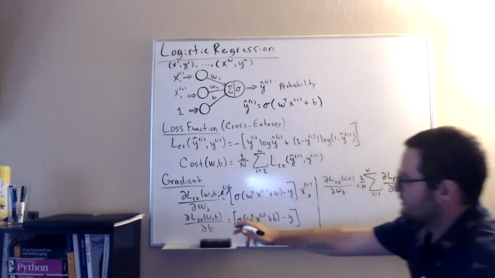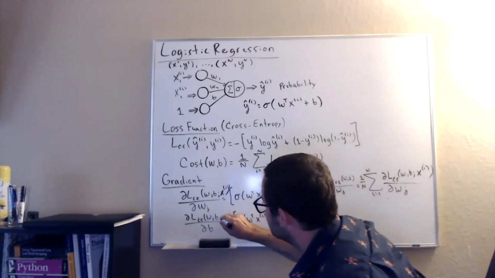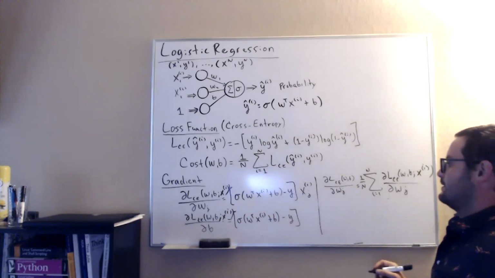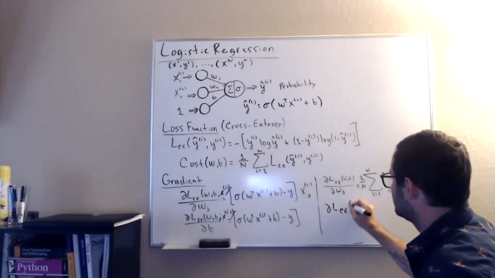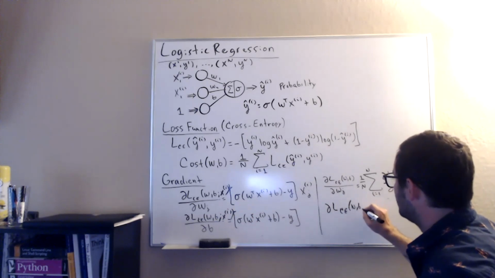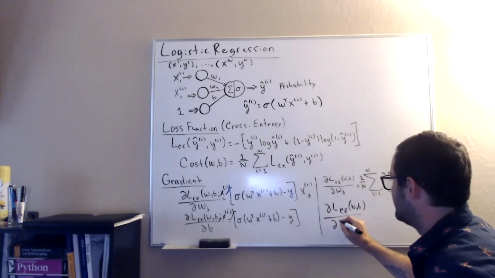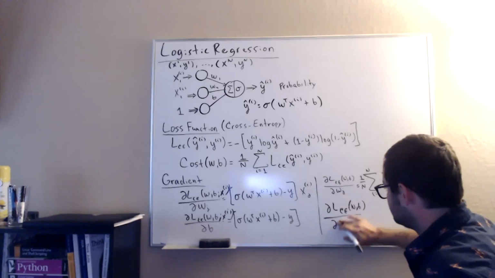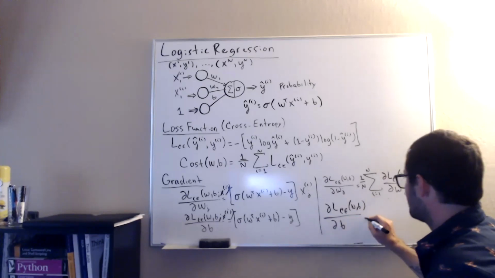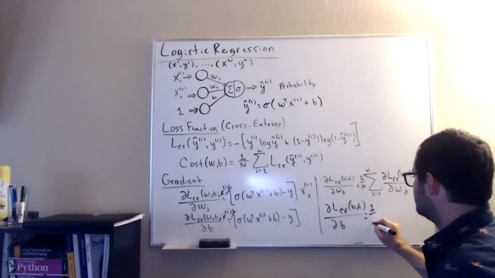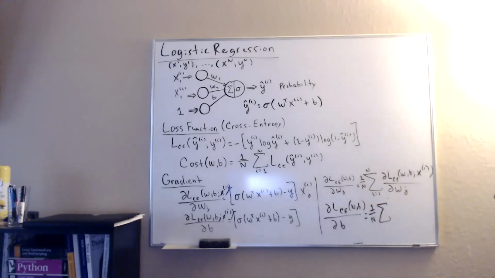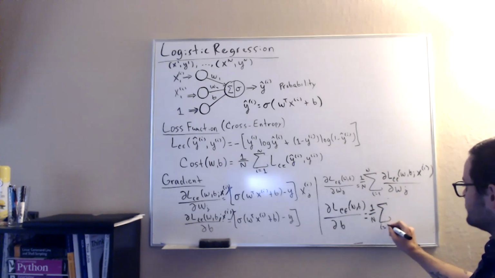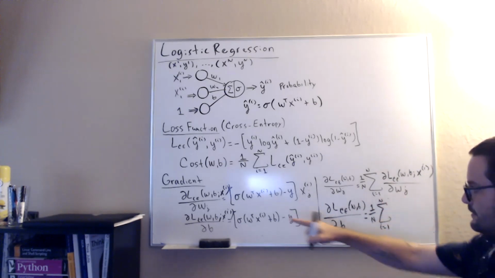And then the same thing here, if I put in x i right there, then we get the cross entropy loss for the full batch is equal to the weighted sum, the average of those partials.